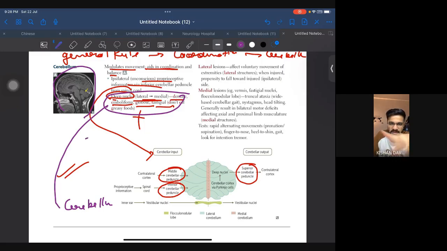If you have done NBME, in one of the questions there is a beautiful MRI image of the cerebellum. Now they will ask you there is a problem in one of the deep nuclei of the cerebellum, and they will give you options A, B, C, D.